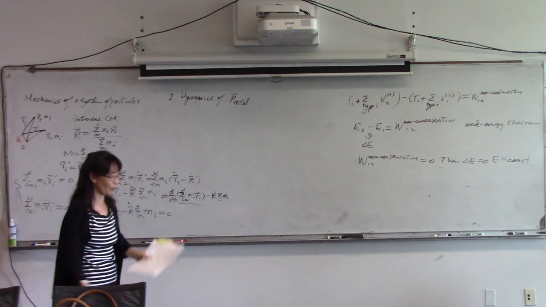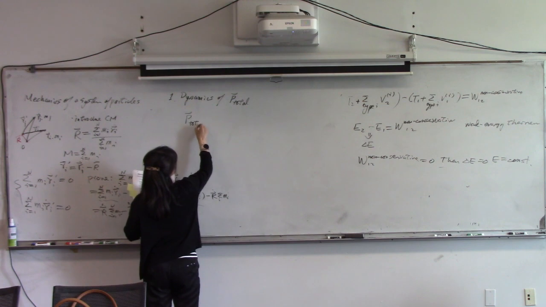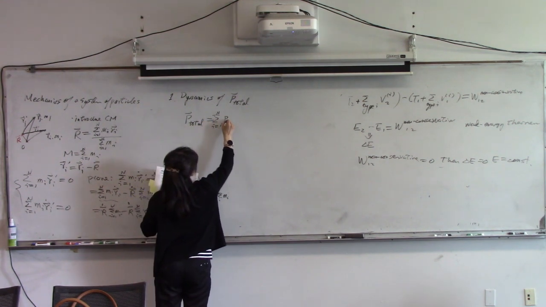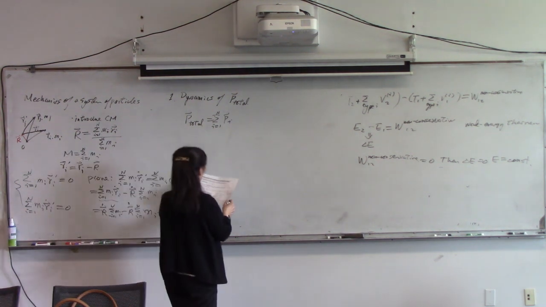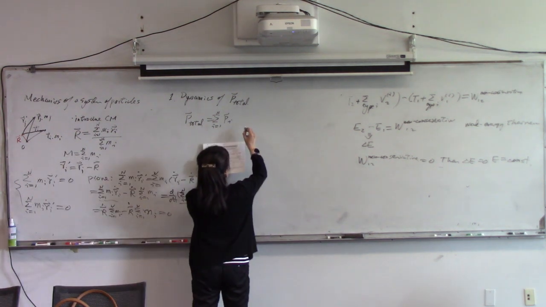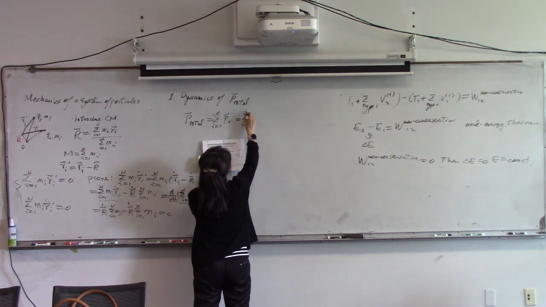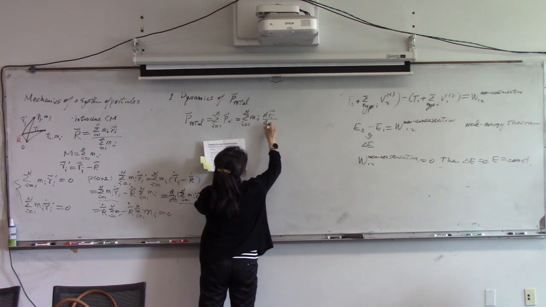Let's look at this. So first we need to find the total linear momentum, which is the sum over all the individual particles' linear momenta, right? By definition. Now you can see here, this one is the summation i from 1 to n of m_i d r_i/dt, right?